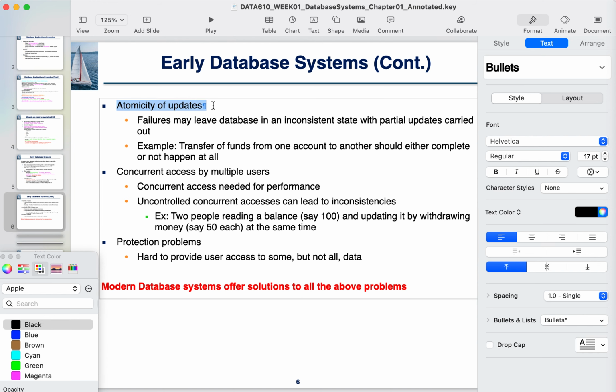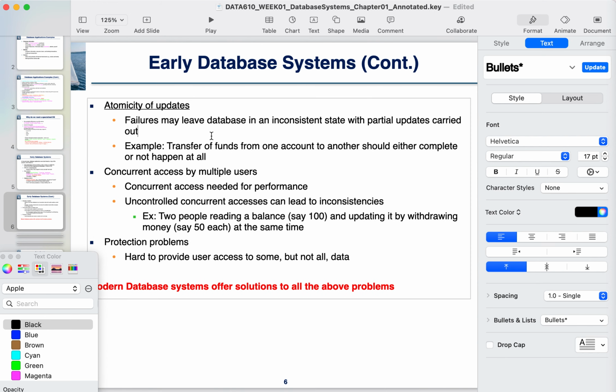Okay, what we just mentioned earlier, multiple users might be wanting to update the data at the same time. If this is happening, the database management system would handle this by performing atomic transactions.